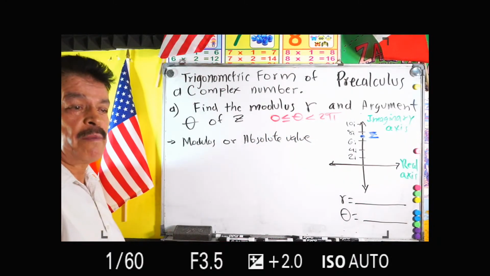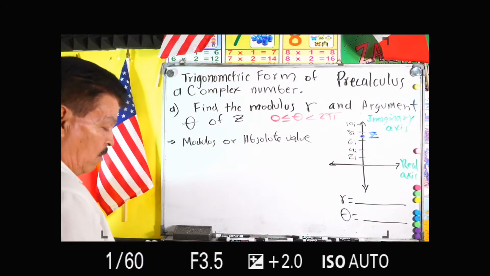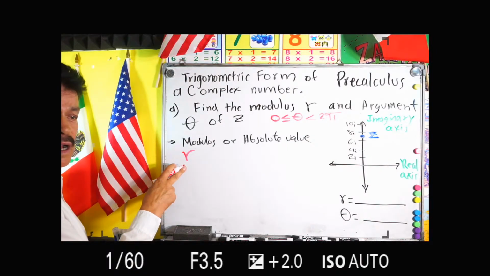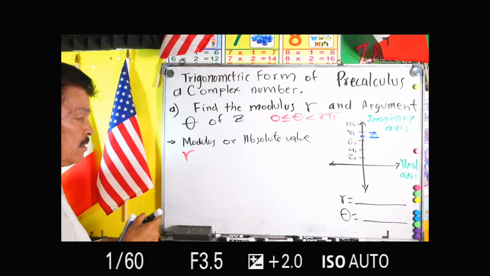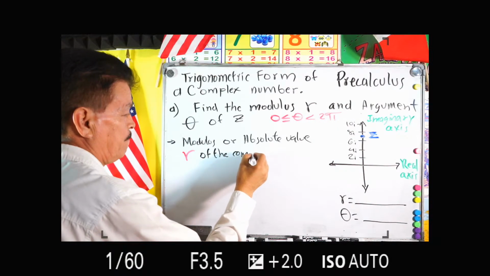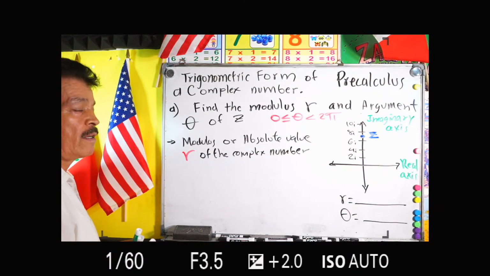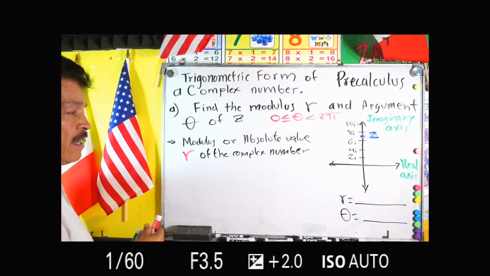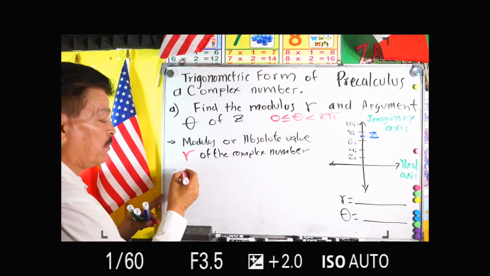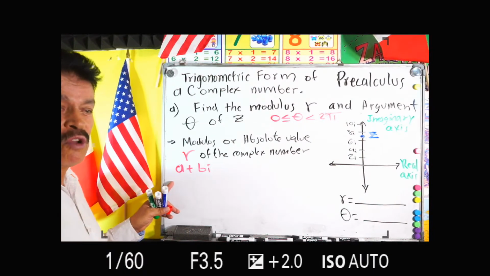Okay, we need to know what I mean by this: the absolute value of r over the complex number. What is the complex number? The complex number we used to write in this way, just to remind you, a plus bi. Remember, this is a complex number.